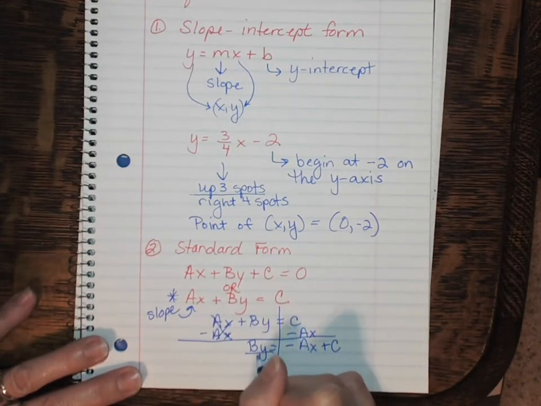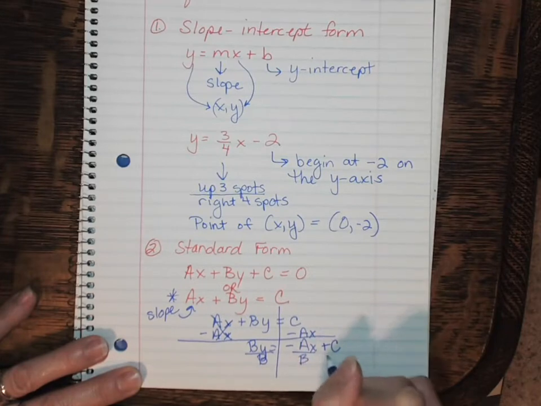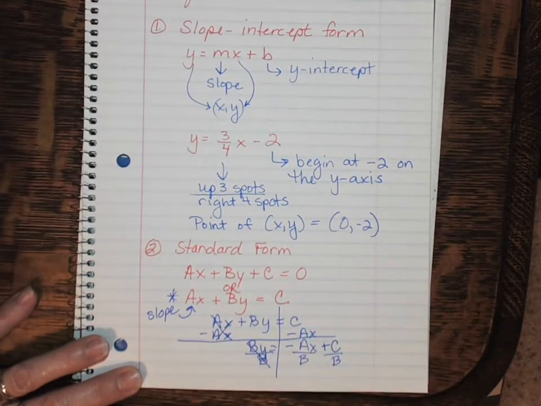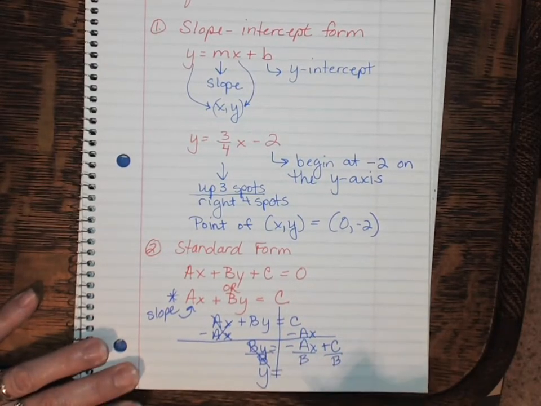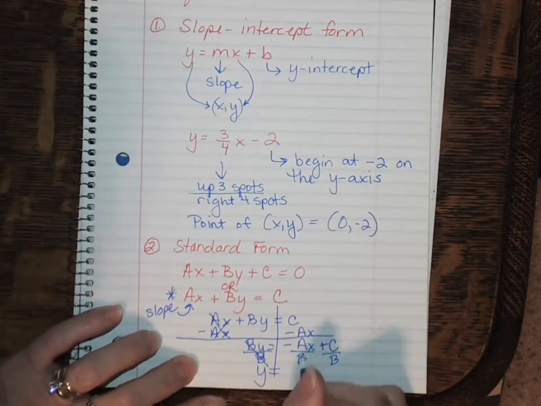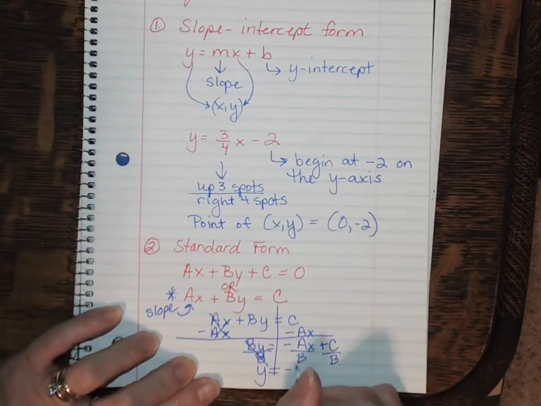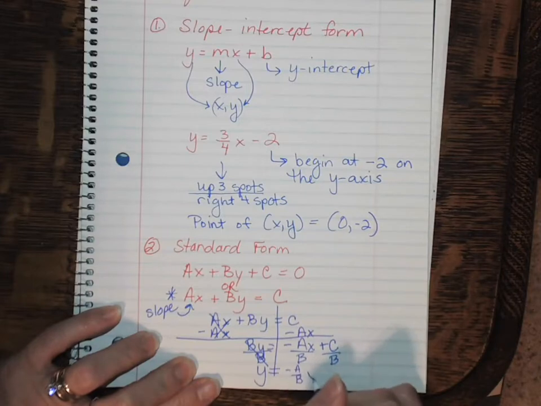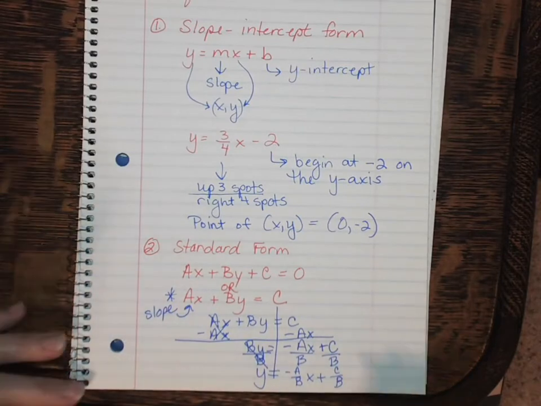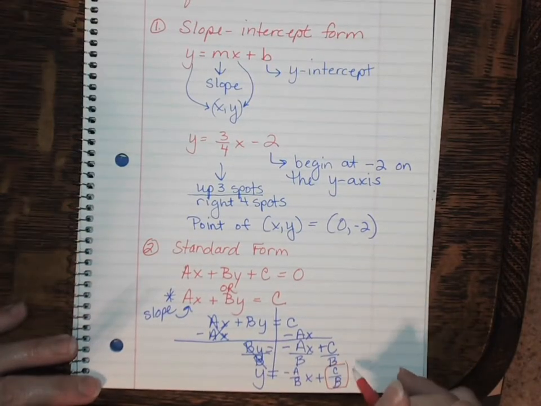To get the y alone, I have to divide by b. Now my y is where I want it all by itself, and my slope is negative a over b. Then I have x, and my y-intercept is going to be c over b. So I have my y-intercept.